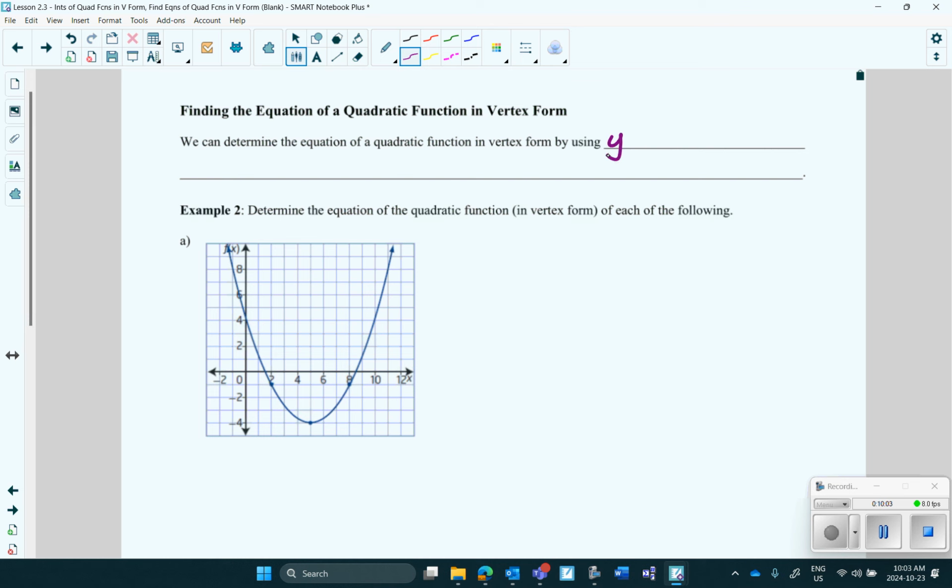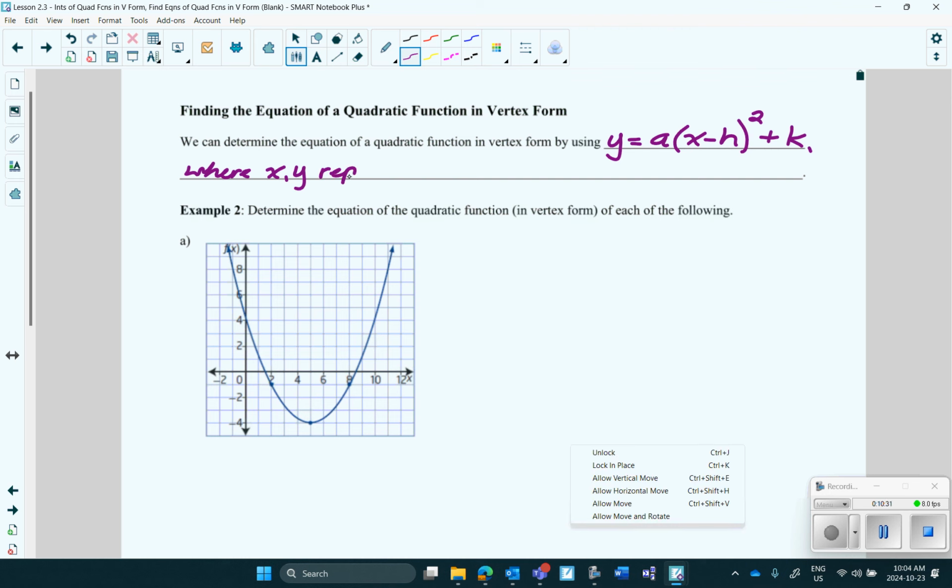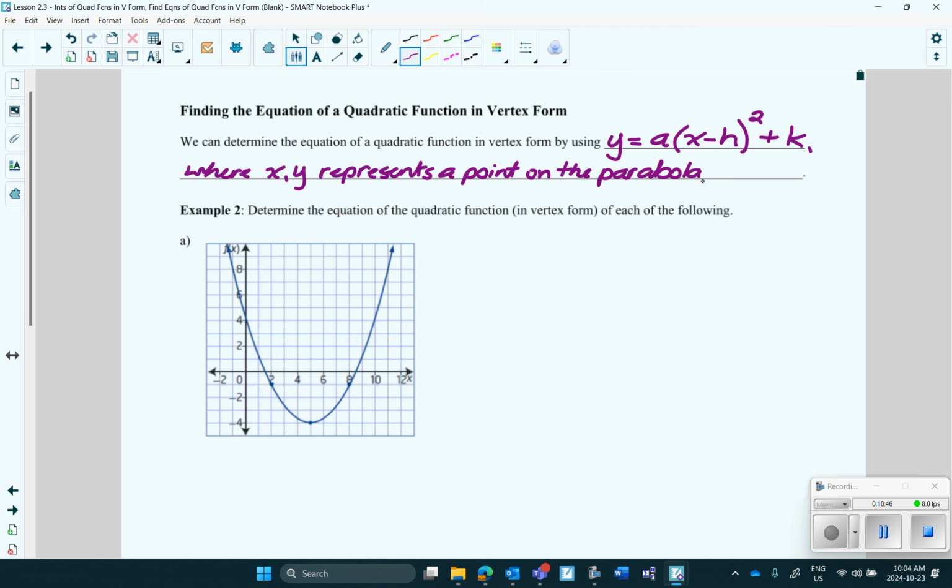Well, this is the way the equation is going to look, where x, y represents a point on the parabola, and h, k is the vertex.